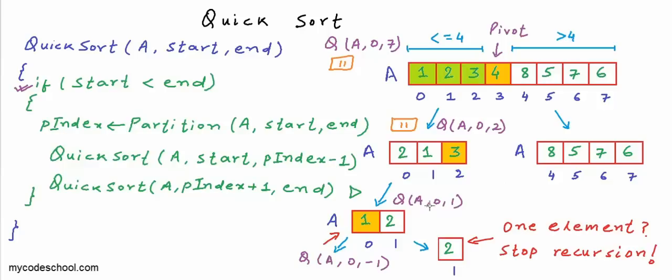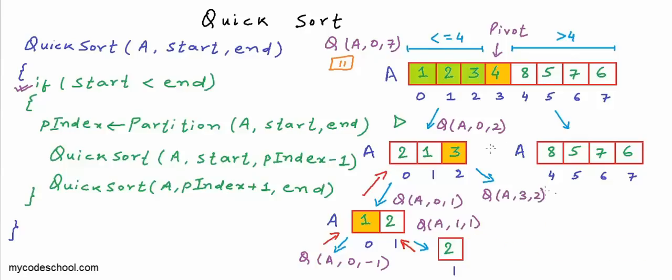The control will return back to Q A 0 1, and now this will make another recursive call to Q A 1 1. Now once again for this, the start less than end condition will be false, so it will not partition, it will simply return, and now Q A 0 1 will return, and now Q A 0 2 will make another call to Q A 3 2. Sorry, it has to be p index + 1 till end.